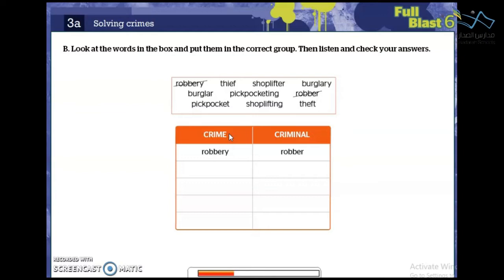While the word criminal means the person who has committed a crime. So here we need to write the act, and in the second column we need to write the person who committed that crime or did that action.